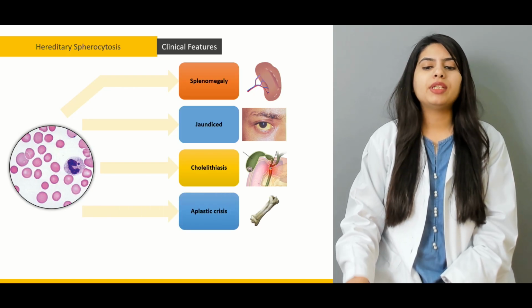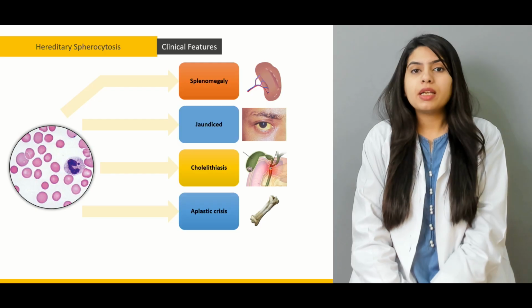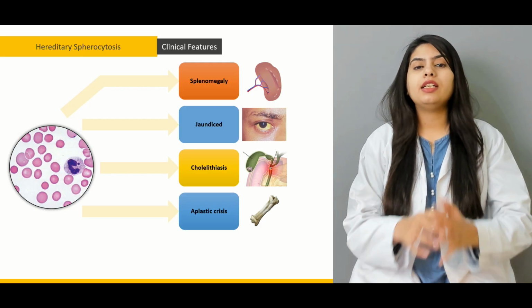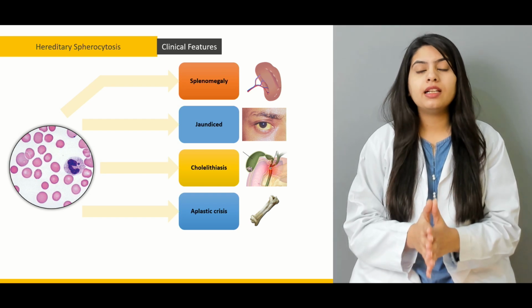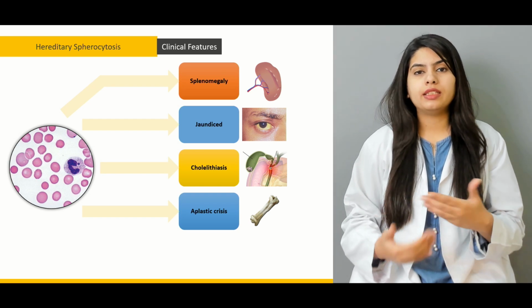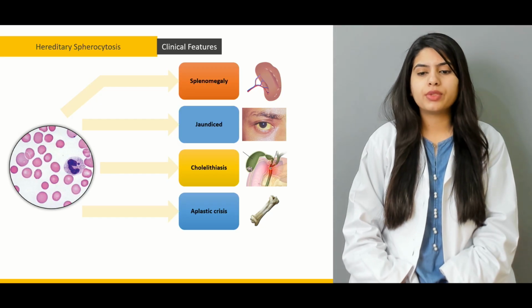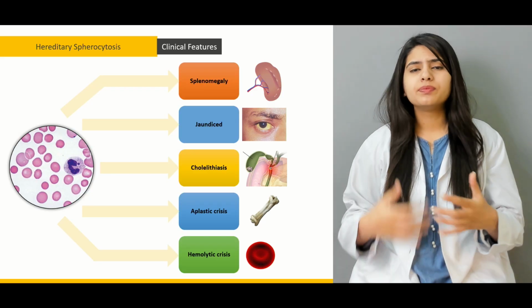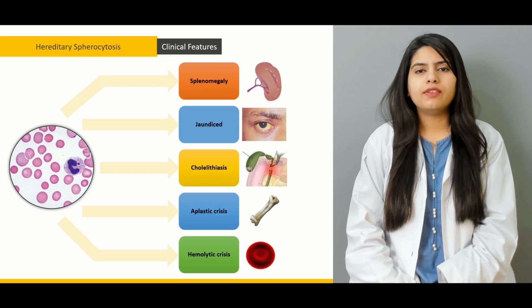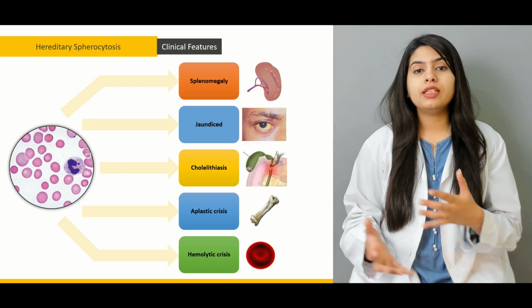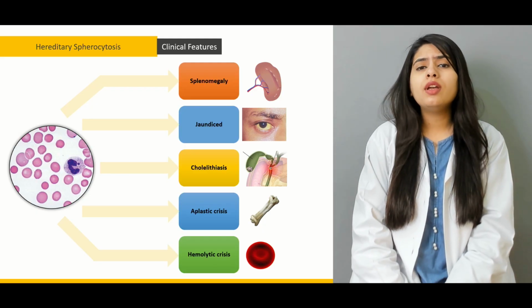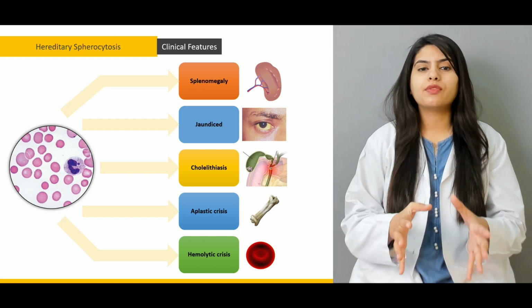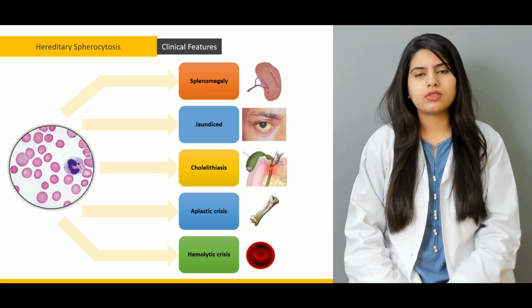There can also be an aplastic crisis, a condition when there is no production of red blood cells by the bone marrow or the different stem cells. And then there can be a hemolytic crisis, where there is a quick destruction of red blood cells during circulation. So these are all the clinical features that can be manifested by a patient suffering from hereditary spherocytosis.